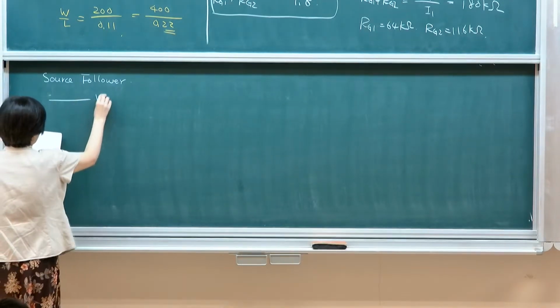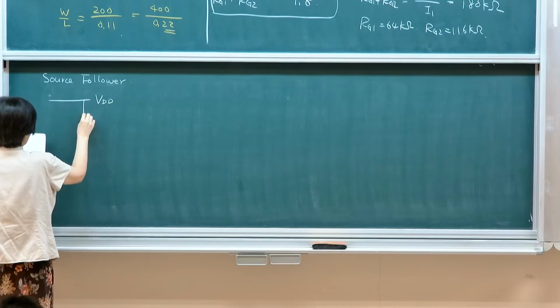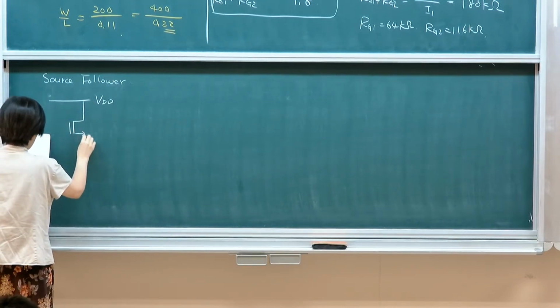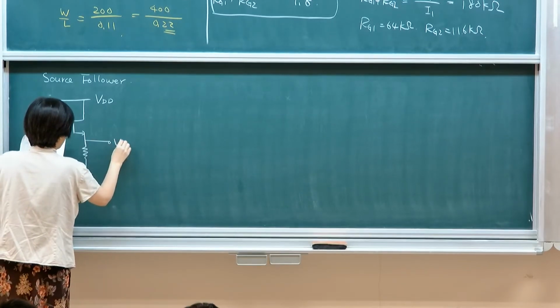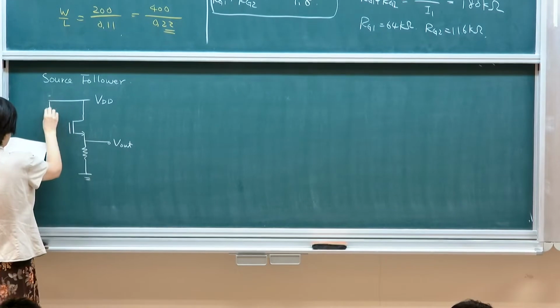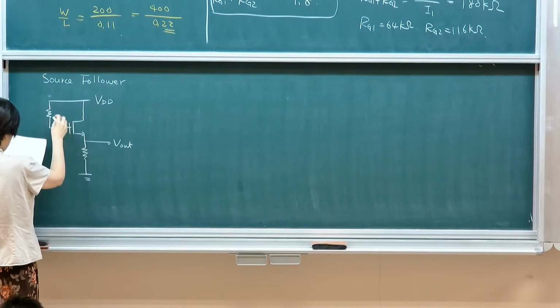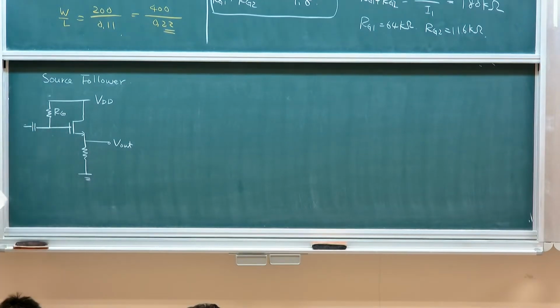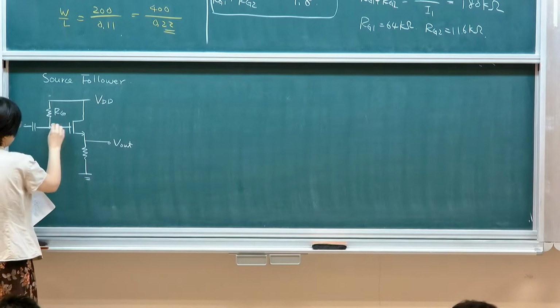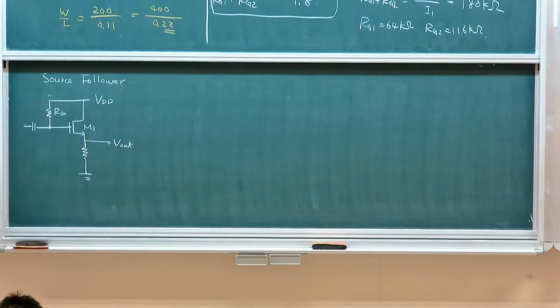So let's say the circuit looks something like this, VDD, and then I could bias this circuit this way. I'm using a self-biasing scheme to set the biasing voltage. So this is M1, and input coming in here, and output going out at the source terminal.